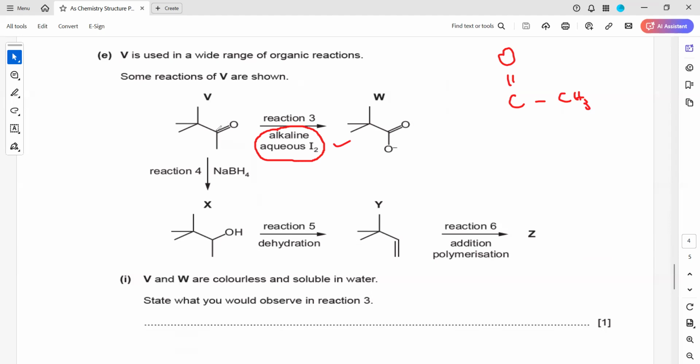As you can see, this is a carbonyl group and next to it is a methyl group, so the iodoform reaction will give a positive result. It will form triiodomethane, and this triiodomethane will be a yellow precipitate. V and W are colorless and soluble in water.